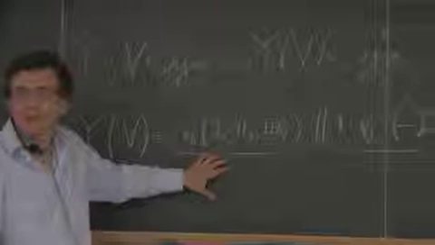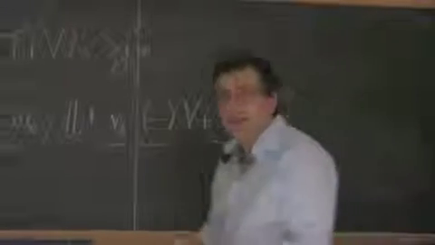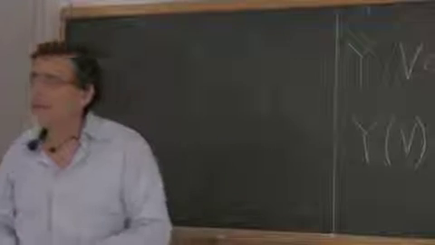V0 is a generic function of the invariants. V1 is a generic function of the invariants. V2 is a generic function of the invariants. So now what we have to understand is what we mean with linearized theories.